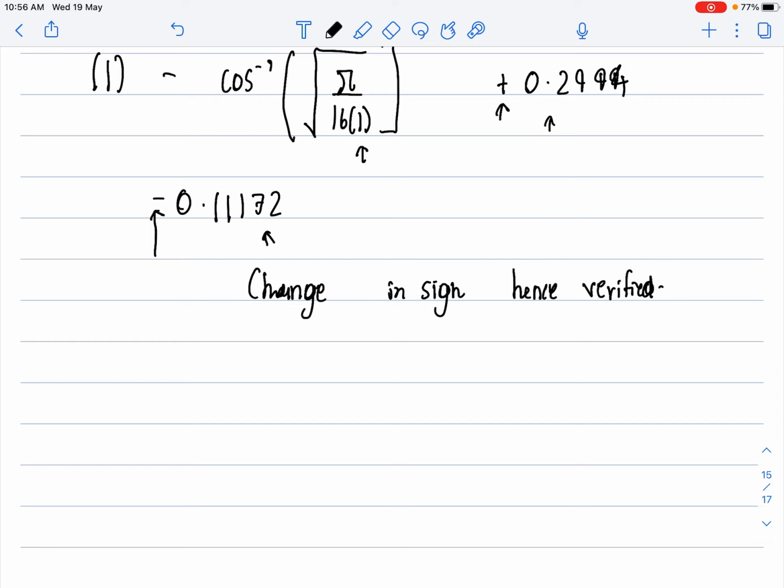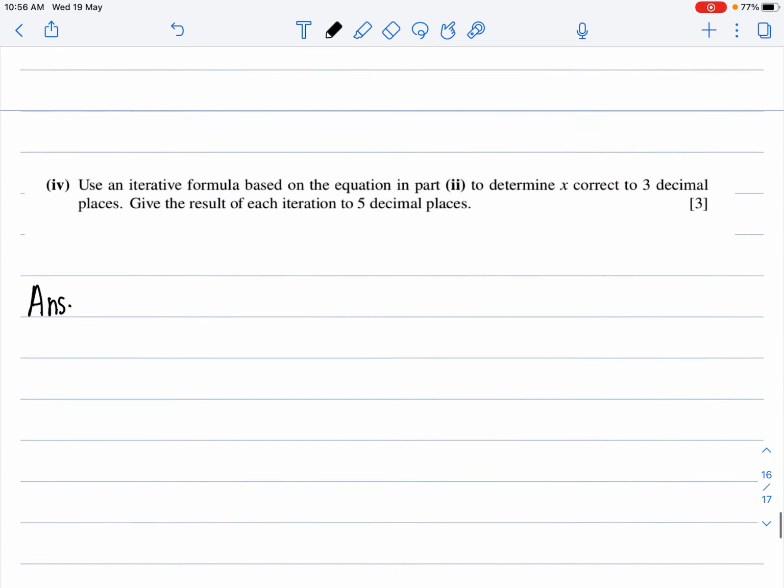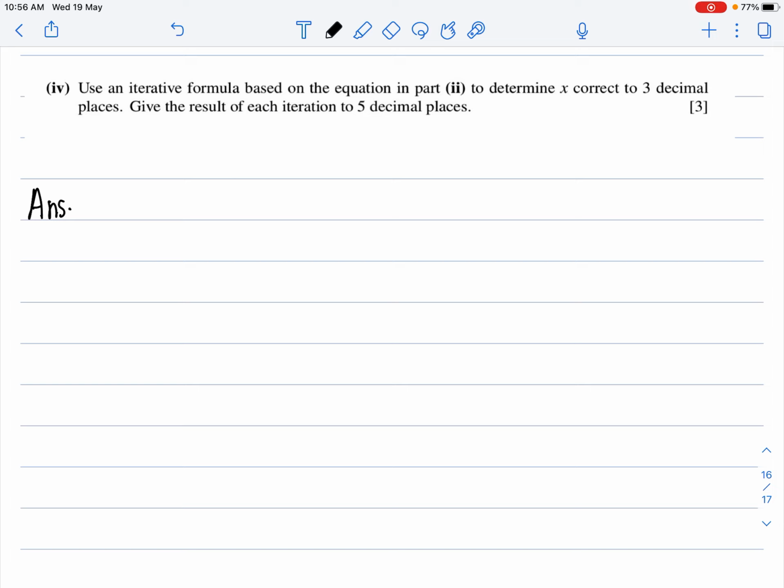Okay, this is what I can do. Now use an iterative formula based on part 2 to determine x correct to 3 decimal places. So I know my iterative formula can be written as x n plus 1 equals the cos inverse of root pi over 16 into xn.